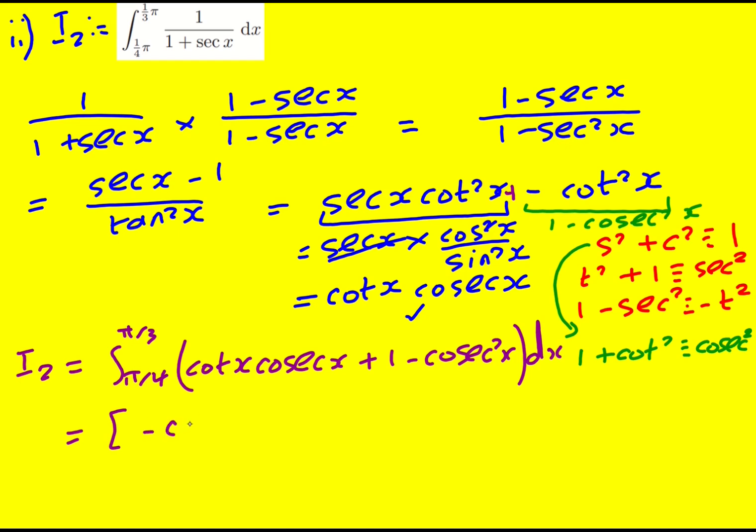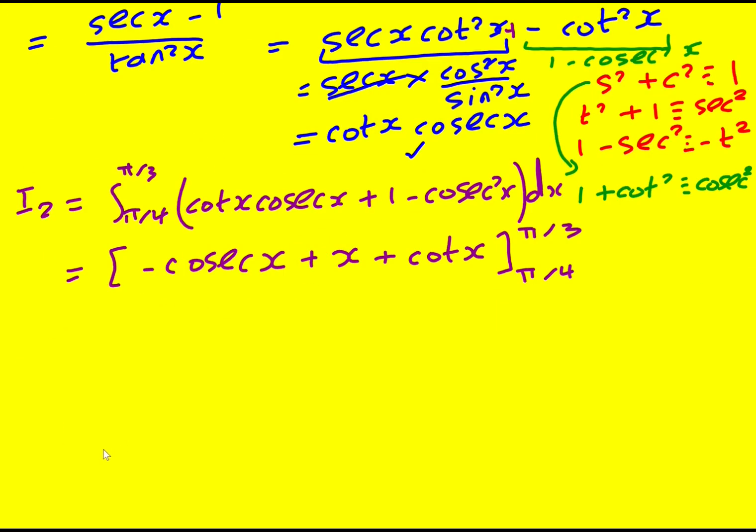So here I get minus cosec x, because the derivative of that, the negative cancels out. Then I get a plus x, and over here, actually, it's going to be cot x that differentiates to minus cosec squared x. So this is even going to be a plus. A lot of integration by inspection going on here. Honestly, as I'm doing this, I don't even know which formula in the formula book, so they, of course, might help you out too if you've got that in front of you.